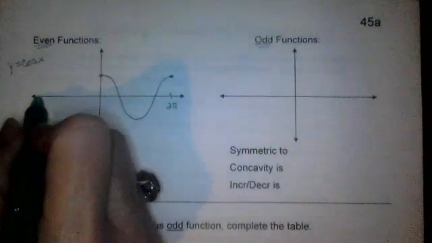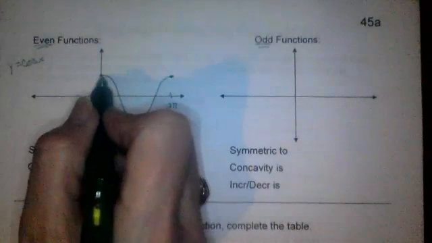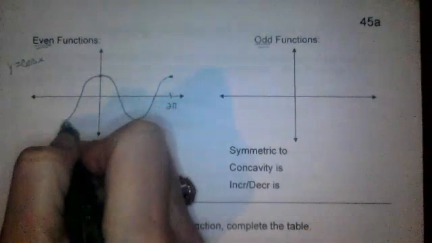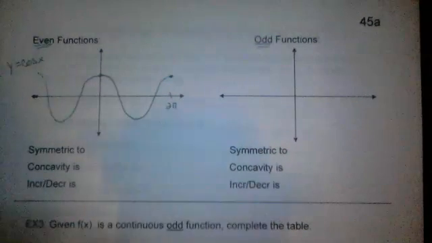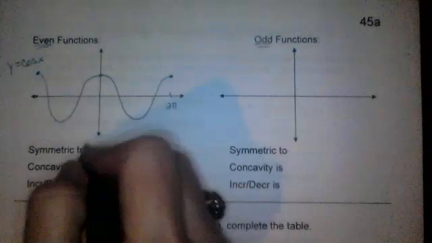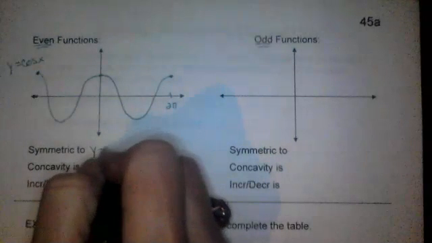And so this side is going to look the same. See if I can draw it fairly close to the same. All right. So obviously, it's an even function because it's symmetric to the y-axis.